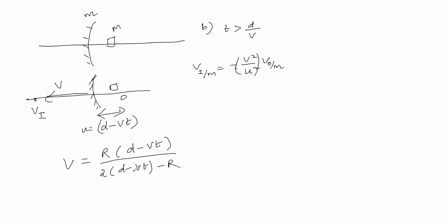Because t is greater than d by v, u is equal to vt minus d. So in this place also we have to take vt minus d. So this is the image position.